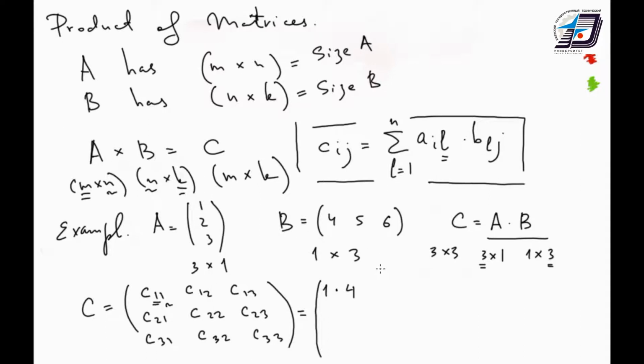C12: first row, second column, 1 times 5.